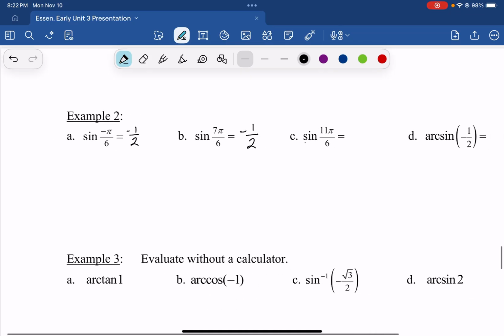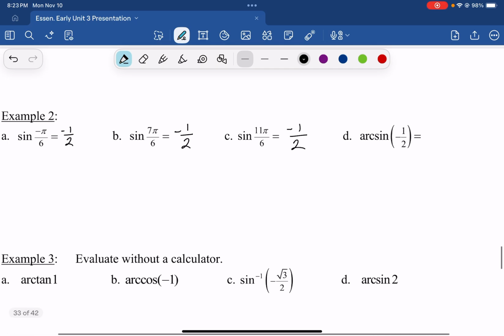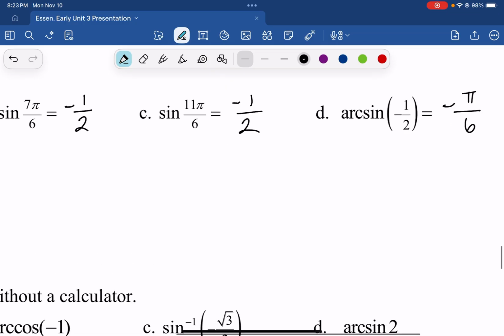Sine of 11 pi sixths is negative 1/2. But arc sine of negative 1/2 is negative pi sixths. 7 pi sixths and 11 pi sixths aren't in our range for arc sine, so we can't have those values.